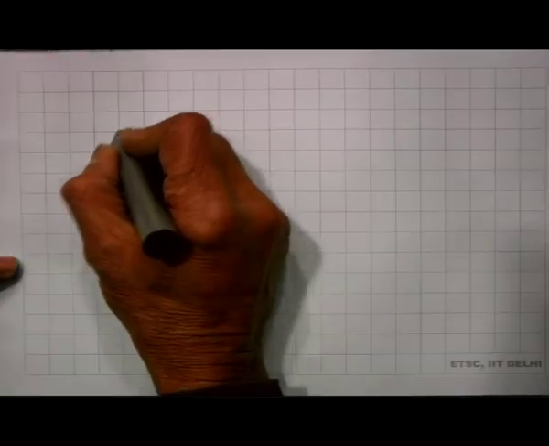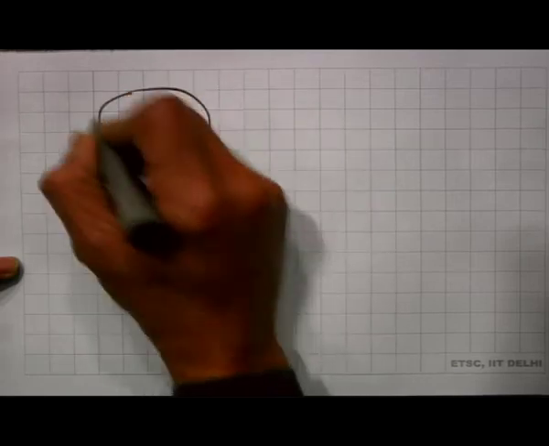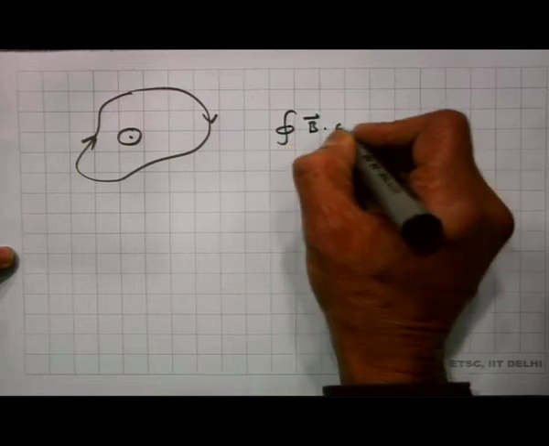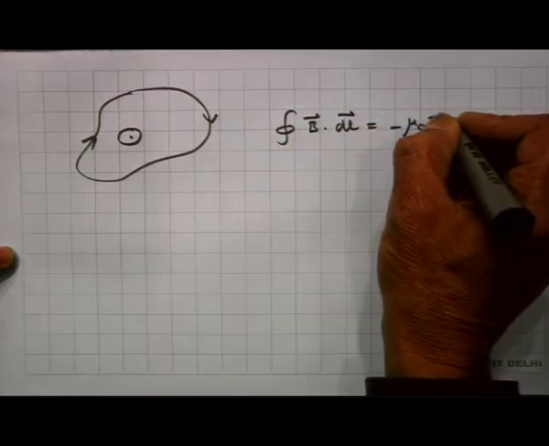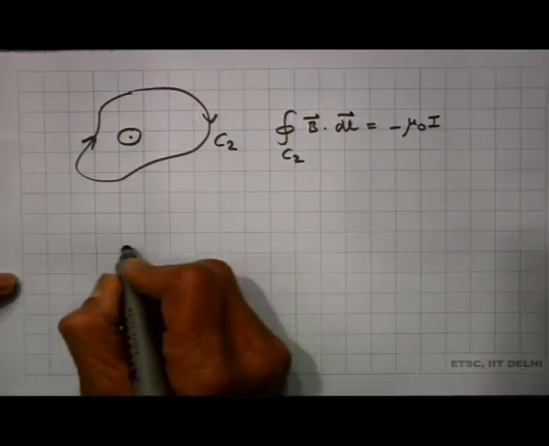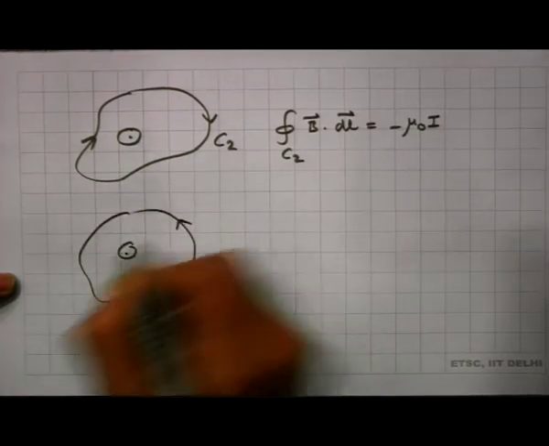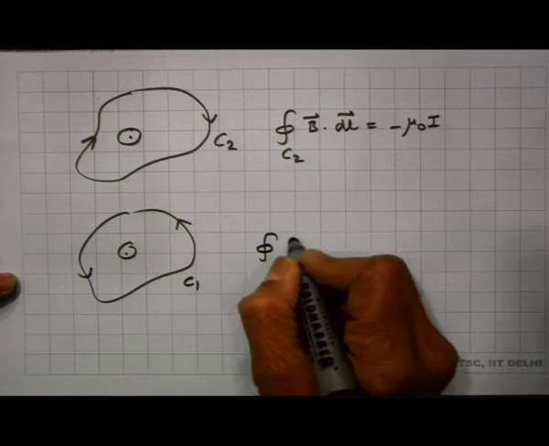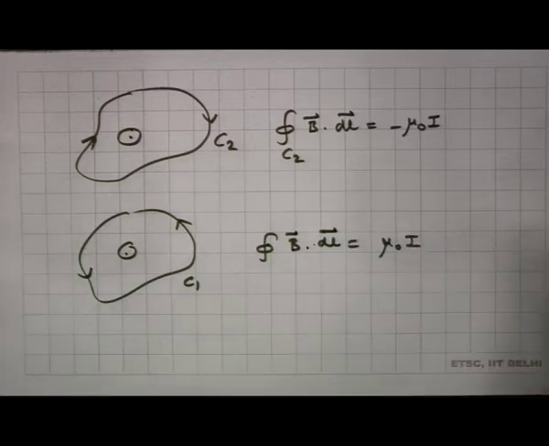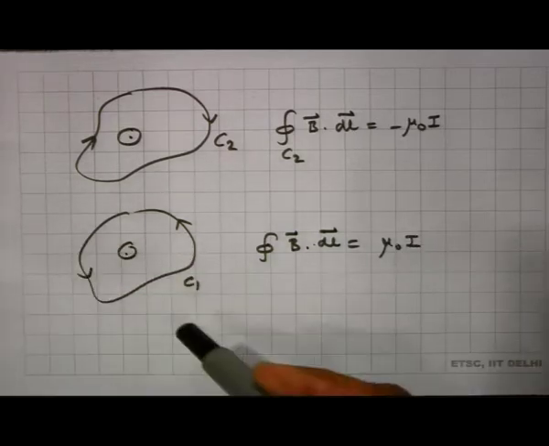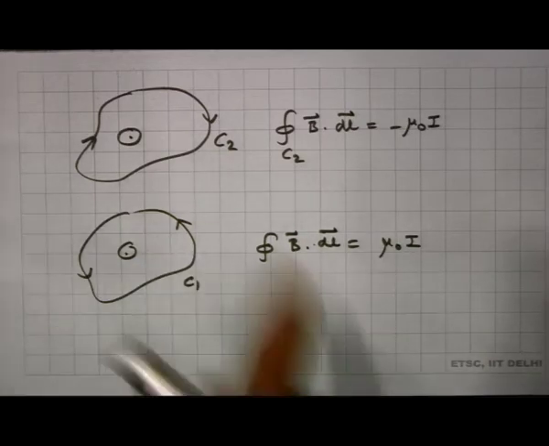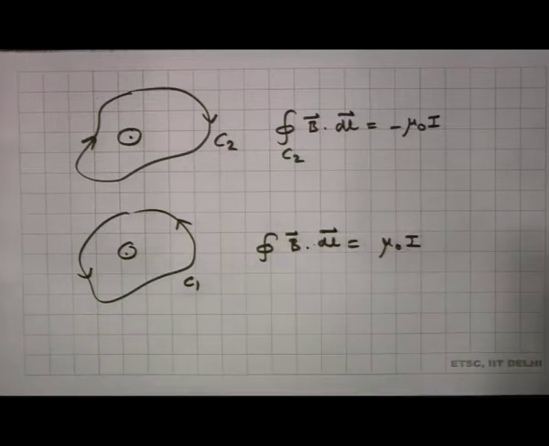So, for example, if I have a current carrying conductor like this and if I have a loop like this with integration in the reverse direction, then integral B dot dl will be minus mu naught I. Here this is over curve C2, and for the same current carrying conductor, if I have another path C1 like this, integral B dot dl is equal to mu naught I. So, it depends on the path that you are taking around the current carrying conductor. If it happens to be along the direction of the magnetic field satisfying the right hand rule or the reverse direction, you can have plus mu naught I or minus mu naught I.